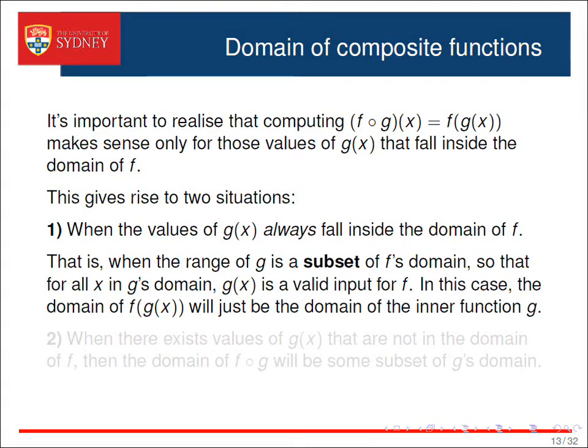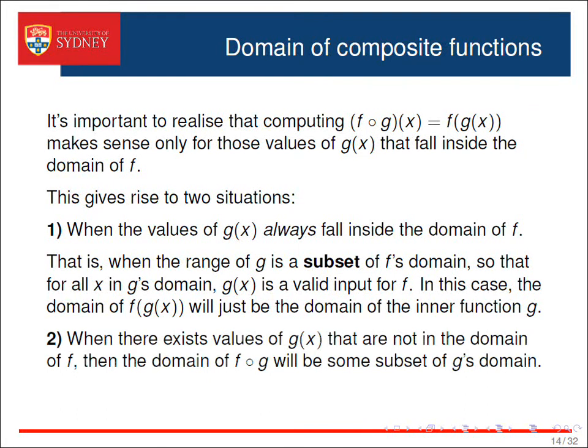Then the domain of f composed with g will just be the natural domain of the inside function g. The second situation is when there exists values of g of x that are not inside the domain of f, so that the domain of f composed with g will not be the natural domain of g, but a subset.